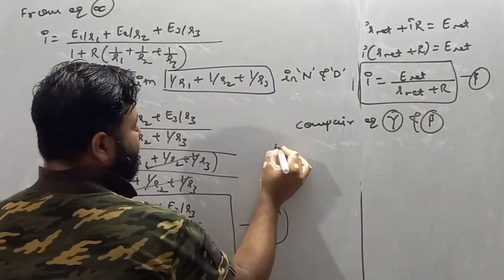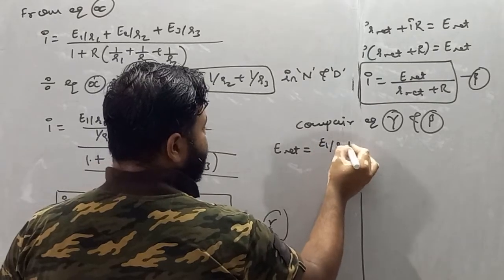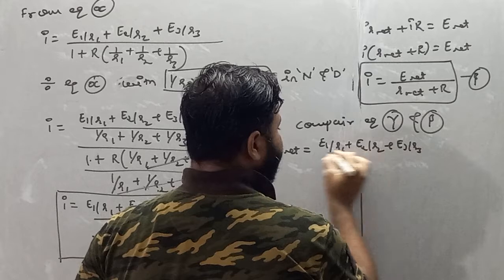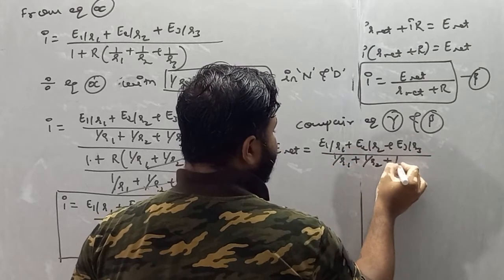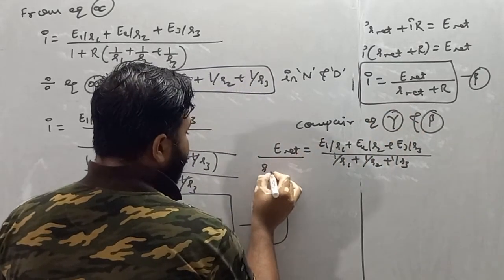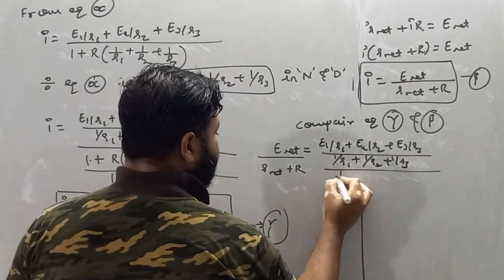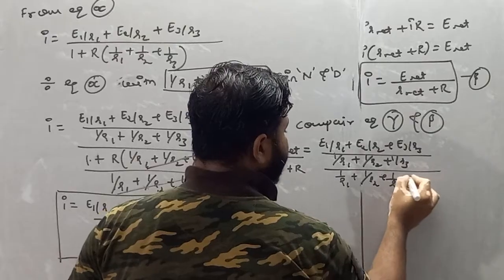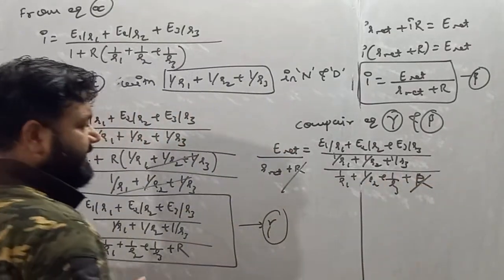So what we'll get? We'll get E net is equal to (E1 by R1 plus E2 by R2 plus E3 by R3) whole divided by (1 by R1 plus 1 by R2 plus 1 by R3), and this is R net plus R, whole divided by (1 by R1 plus 1 by R2 plus 1 by R3) plus R. Now see, this R and this R get cancelled.